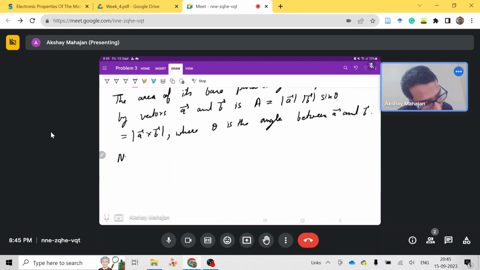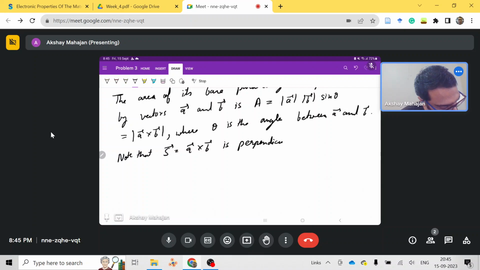Now note that S vector, which is basically A vector cross B vector, is perpendicular to this base.